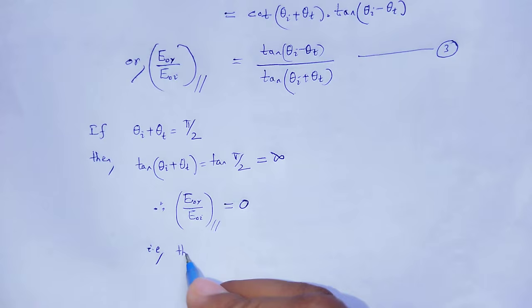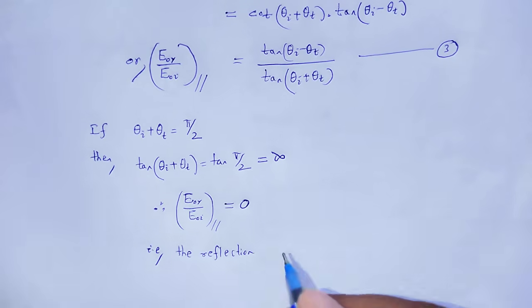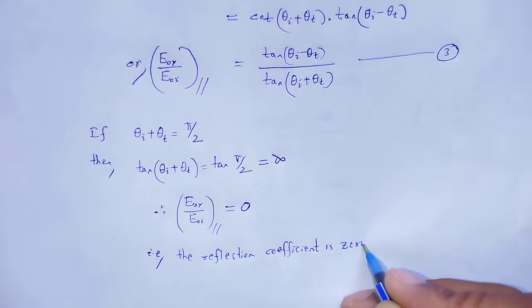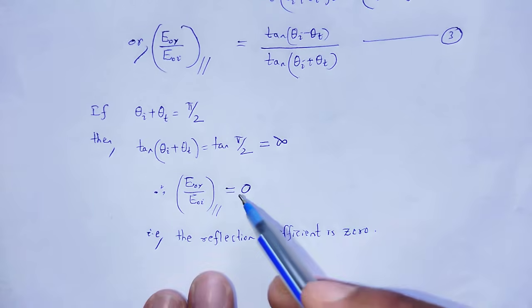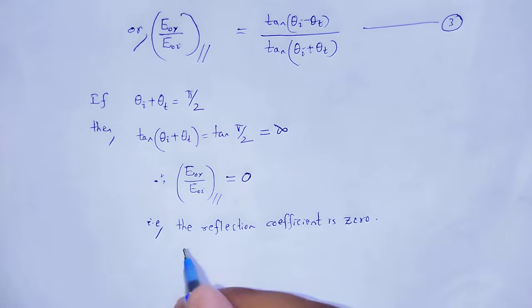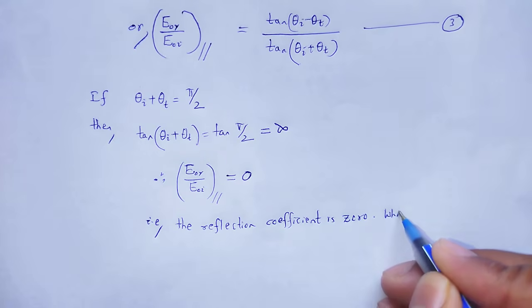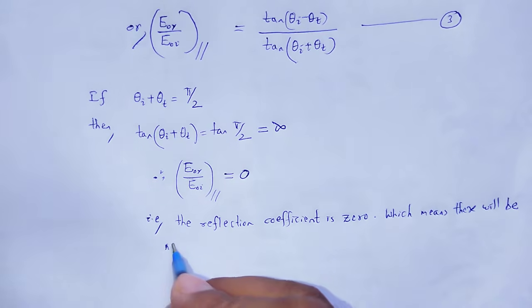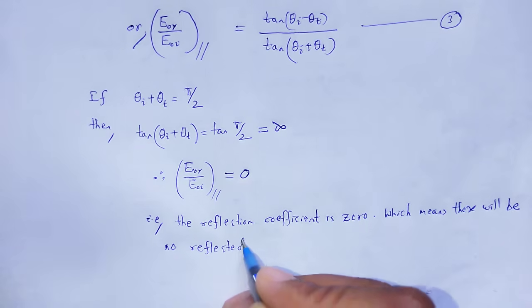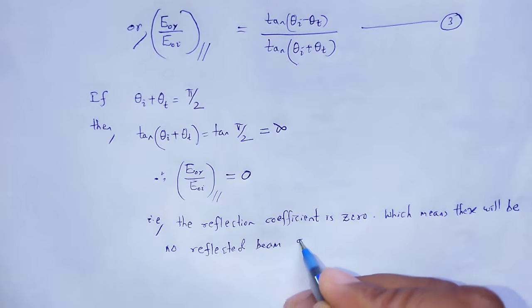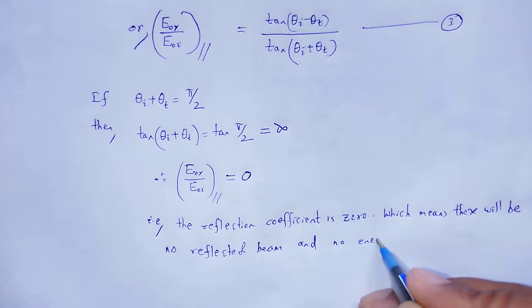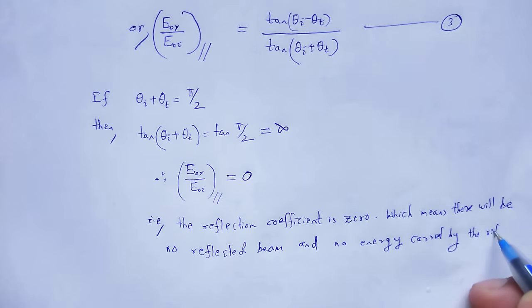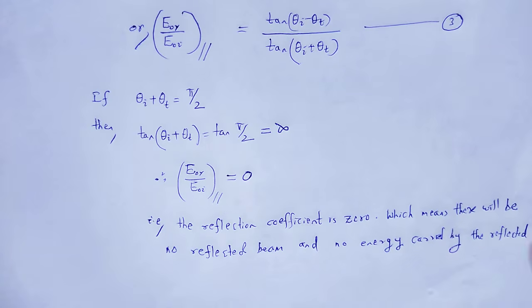The reflection coefficient is 0, which means there will be no reflected beam, and no energy carried by the reflected ray.